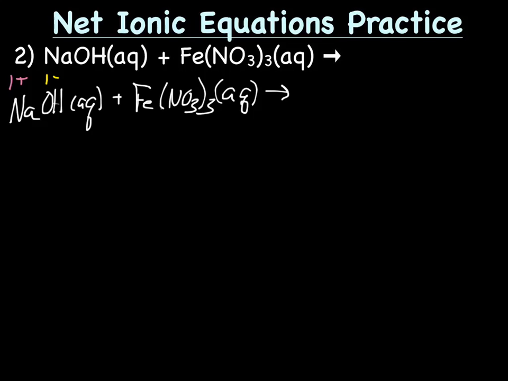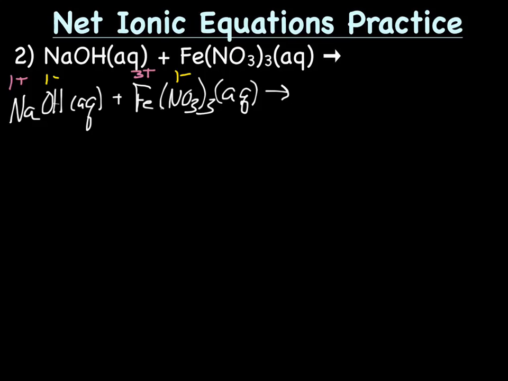Fe is not a group 1A, 2A, or 3A cation, so we have to go backwards again. We know that NO3 is 1 minus. There are 3 of them, so that means you have a total negative charge of 3, which means we need a total positive charge of 3.